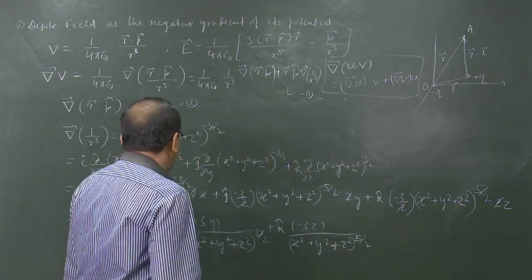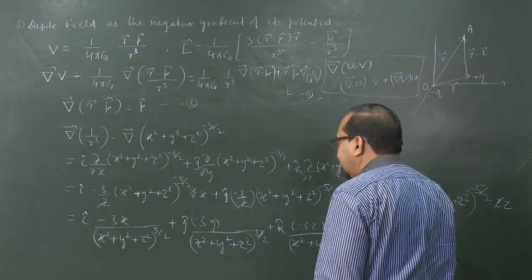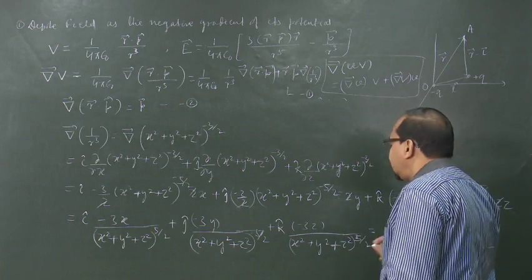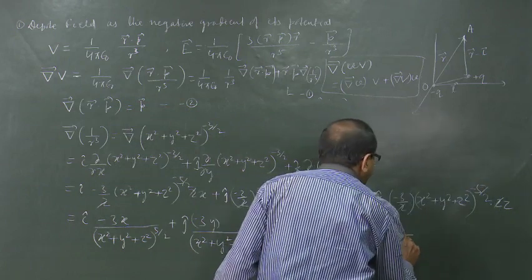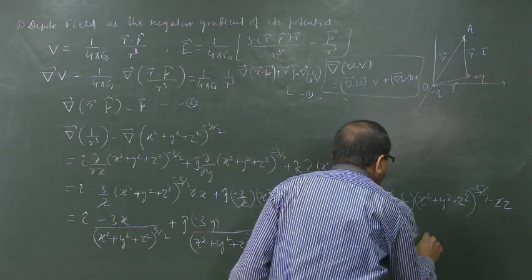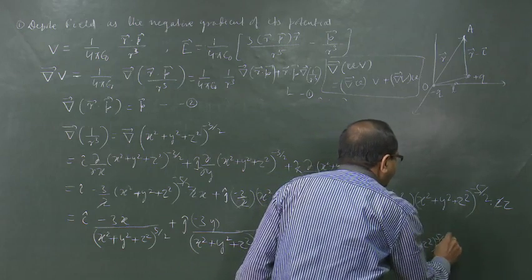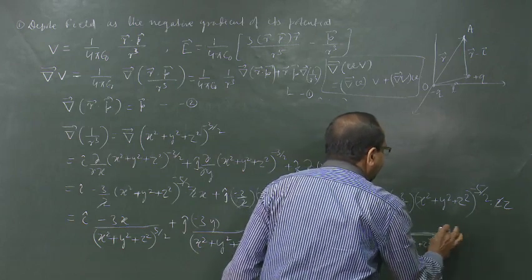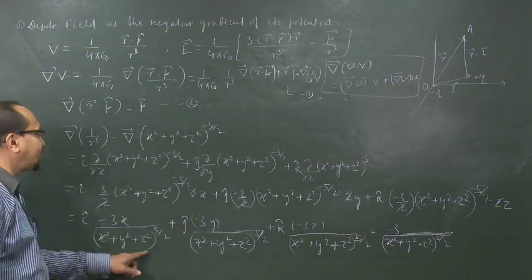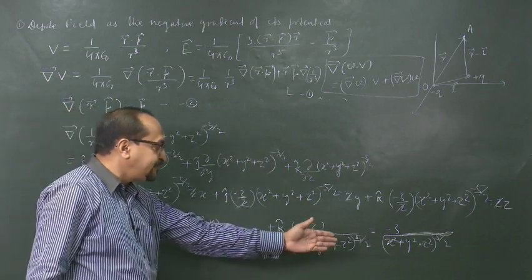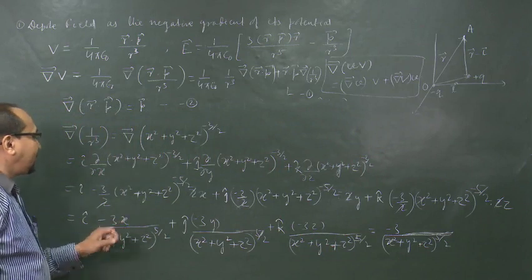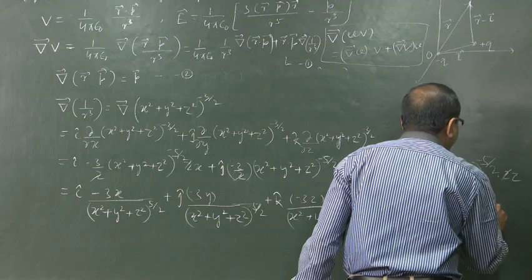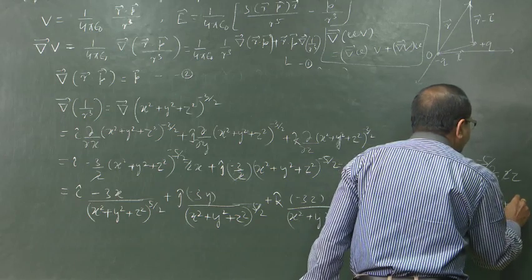And now minus 3 is taken outside as common, and (x square plus y square plus z square) to the power 5 by 2 can also be taken common. So, minus 3 by (x square plus y square plus z square) to the power 5 by 2 is taken common, and we are left with this into i cap x plus j cap y plus k cap z.